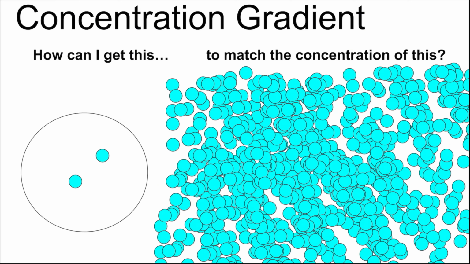Here's a thought experiment to help drive the concept home. Let's imagine that on the far left is a cell with a semi-permeable membrane. Inside of it are 2 molecules, those 2 dots. Outside of the cell is a high concentration of molecules.